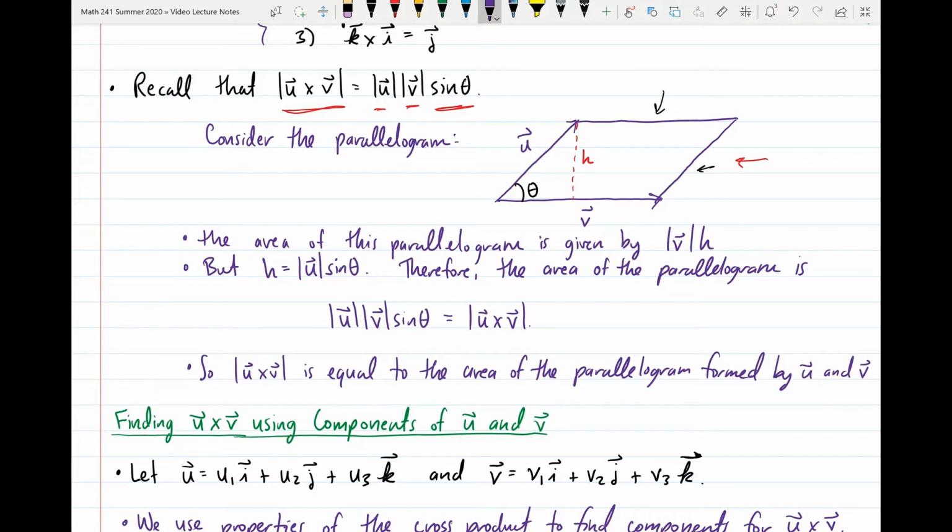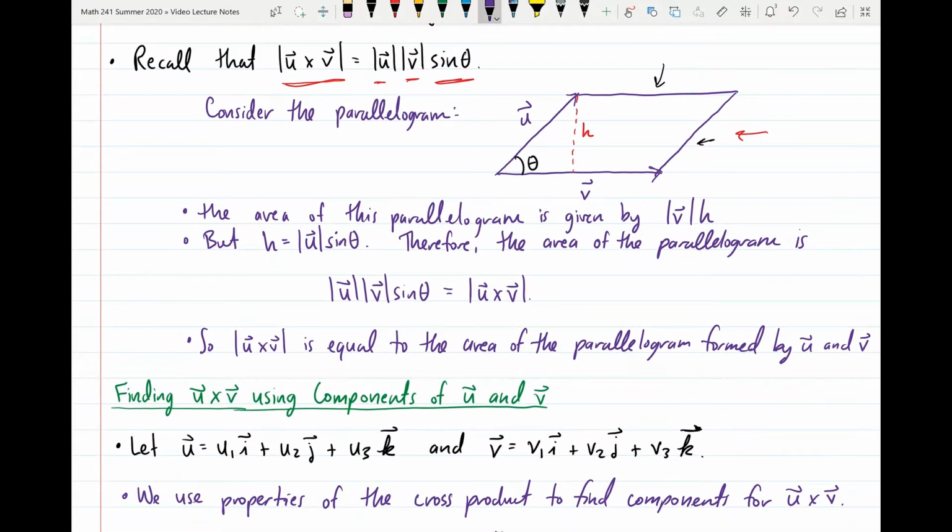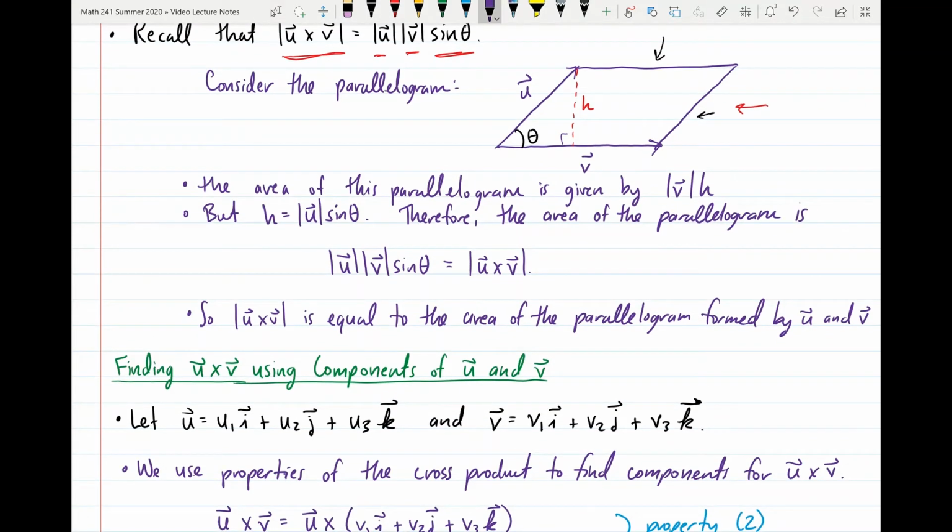there. But using a little bit of trigonometry, we can see that h is equal to the magnitude of u times sine theta. And therefore, the area of the parallelogram is actually the length of u times the length of v times sine theta. And we already said that this was the magnitude of the cross product of u and v.